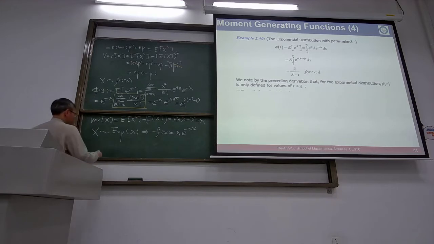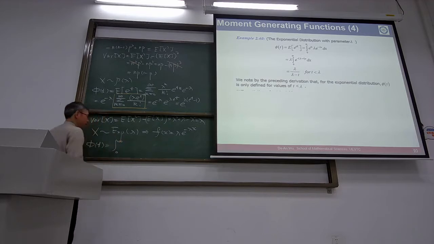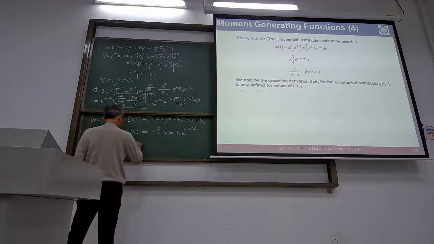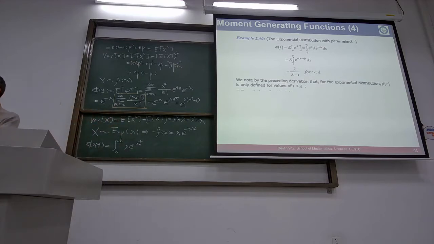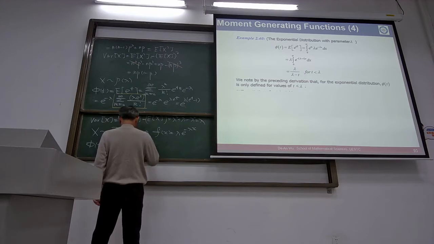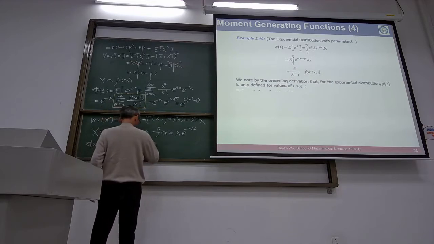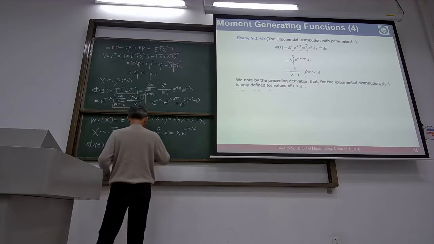This one is for the continuous case, namely phi of t equals the integral from 0 to plus infinity of e to the tx times lambda e to the minus lambda x dx.